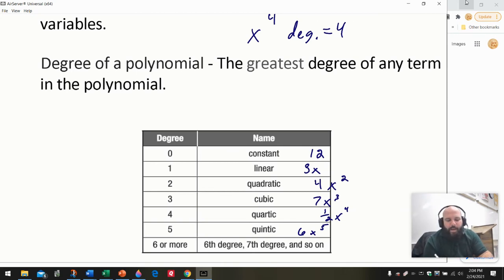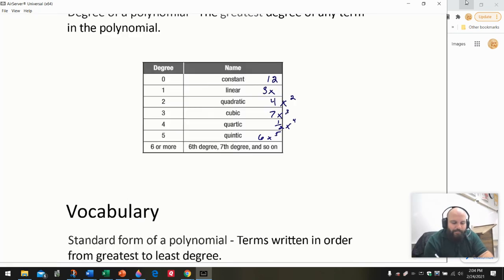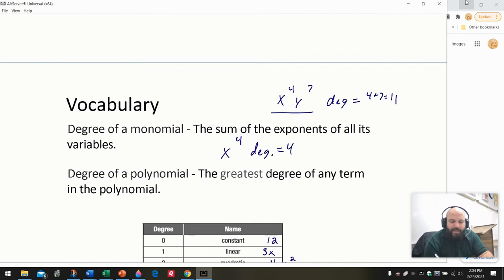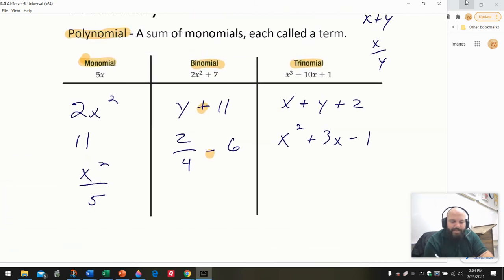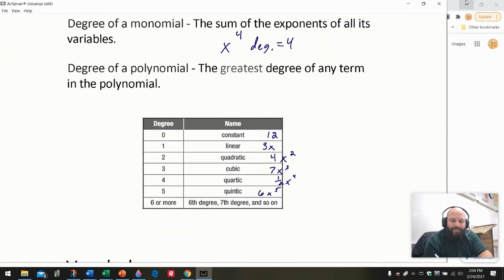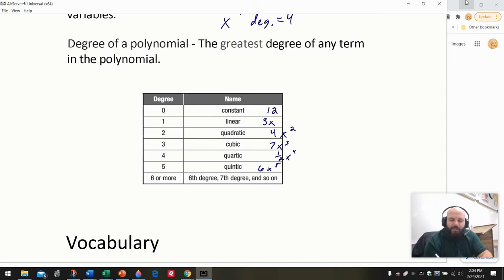So the way that you classify these polynomials is they get 2 classifications. They get a classification based on how many terms they have, and they get a classification based on what the highest degree is. As an example, if I had 2x to the third plus 4x minus 1, we would call that a cubic.